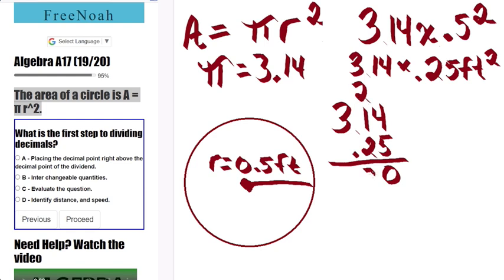Put down 0, and then we carry over the 2. 1 times 5 gives us 5, plus 2 gives us 7, and then 3 times 5 gives us 15. So that's our first column.